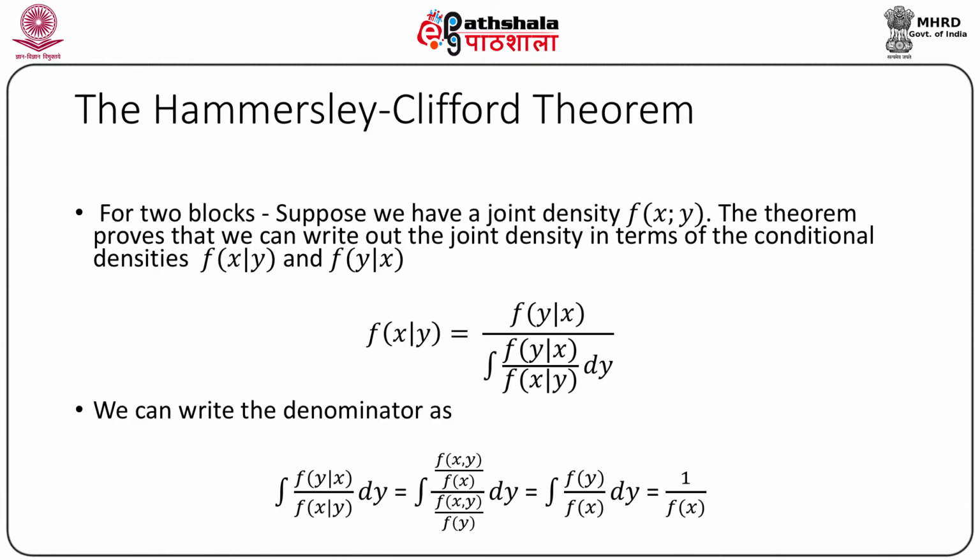Now, there is one fundamental theorem called the Hammersley-Clifford Theorem. It tells you that for 2 blocks, suppose we have a joint density f of x, y, the theorem proves that we can write out the joint density in terms of the conditional densities f of x given y and f of y given x.